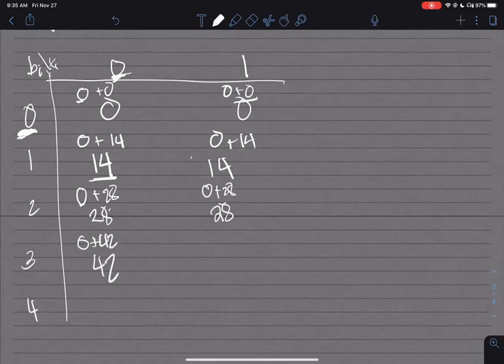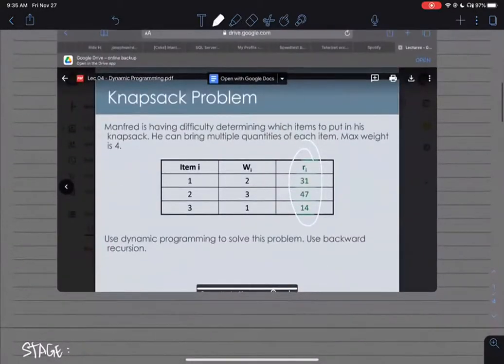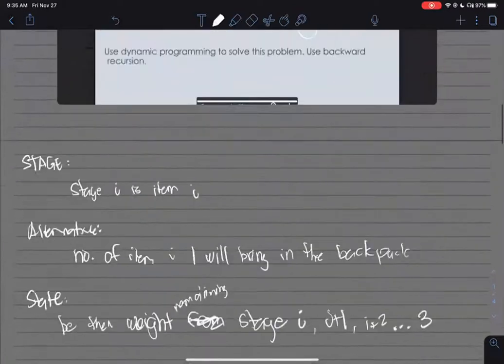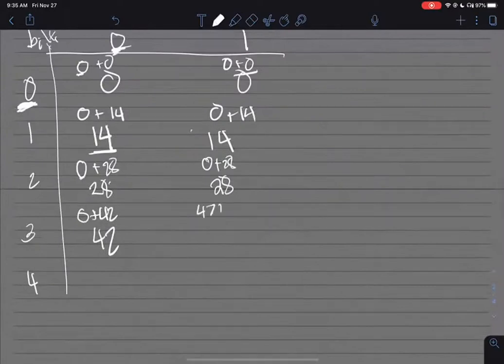Kapag bring 1, reward ng item 2 plus 42. Ay, reward lang pala ng item 2. So what's the reward of item 2? Ano yung reward? 47. 47 plus? 0. Bakit 0? Kasi wala nang weight for item 1. Correct. Wala nang weight for item 1.